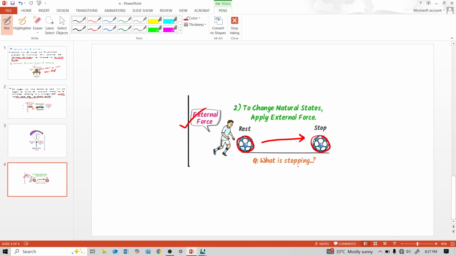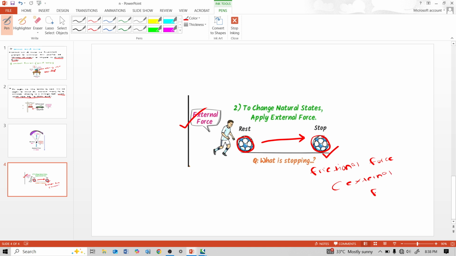So what is stopping that ball? A body in motion is always in motion until and unless an external force acts on it. So which external force acts on this football? It stops here, see. That external force is nothing but, sorry, not braking, frictional force acting on this football. That's why it stops, and this frictional force is an external force.